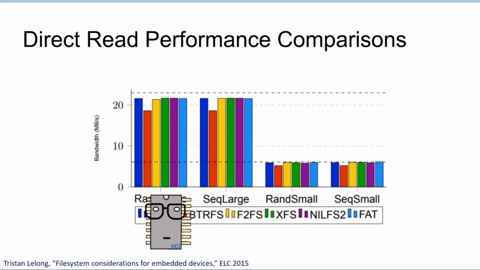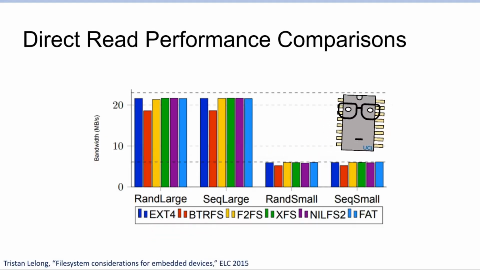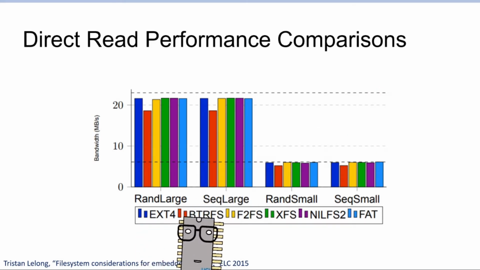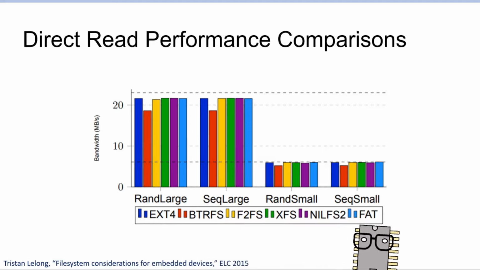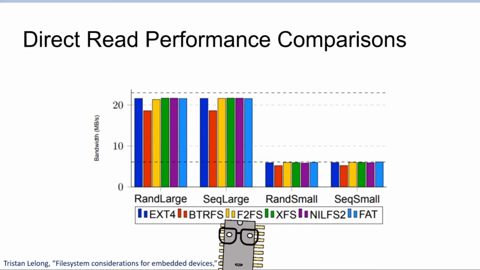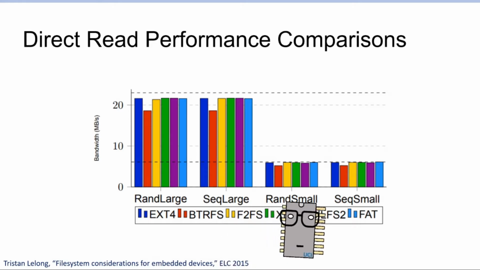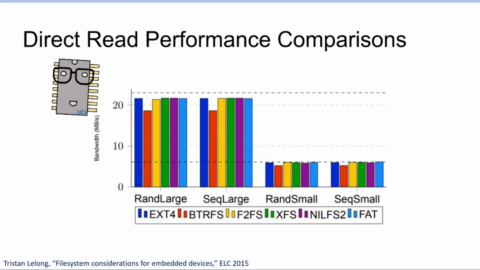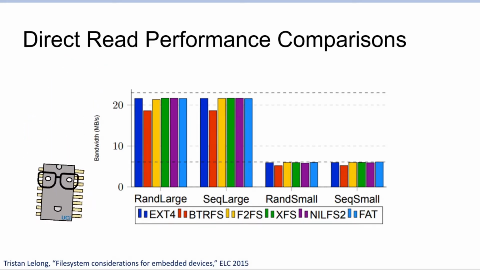And if you look at the performance that flash file systems do achieve, we're comparing other generic file systems like ext4 and XFS and F8 and FAT against flash file systems like F2FS and ILFS. And if you look at the direct read performance, where we're not using the OS cache, and we'll talk about what OS caches, file system page caches are.